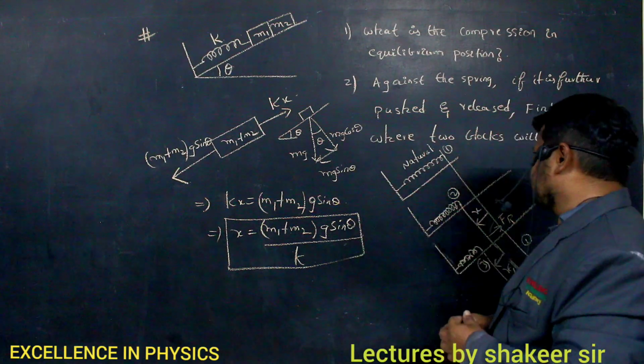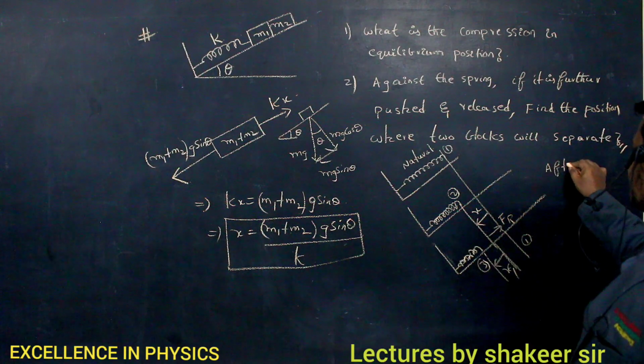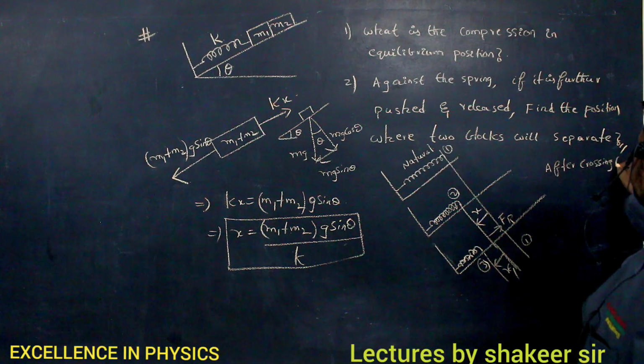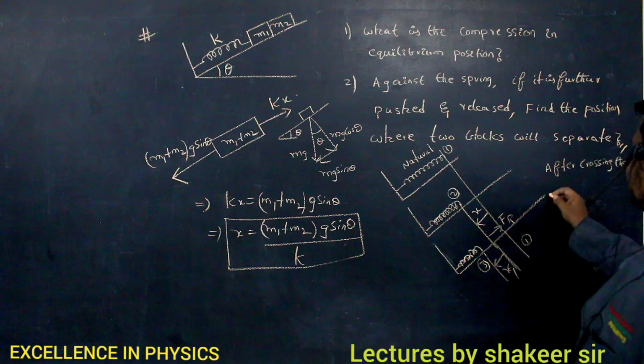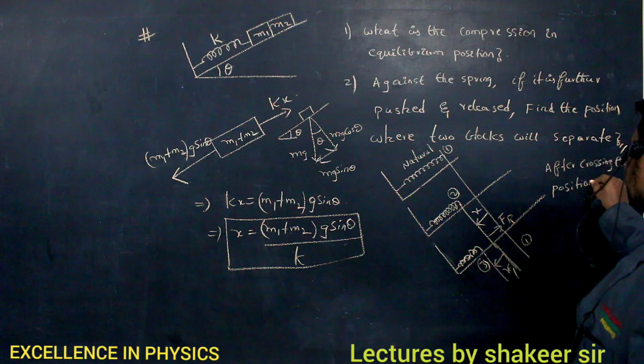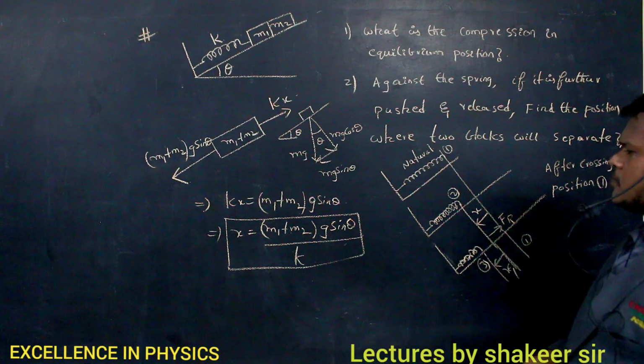So therefore here what can I write? After crossing the position 1. Which is position 1 here? This position, which is the natural length of the spring.